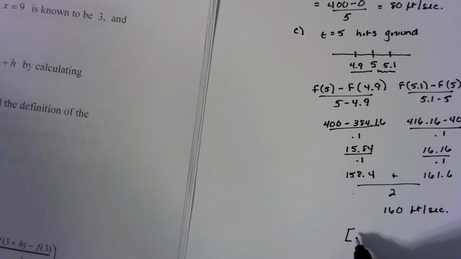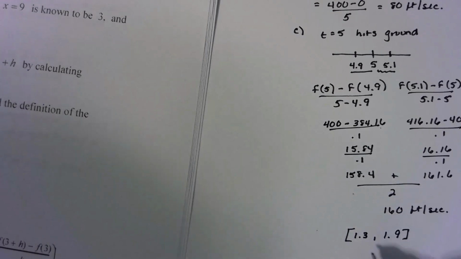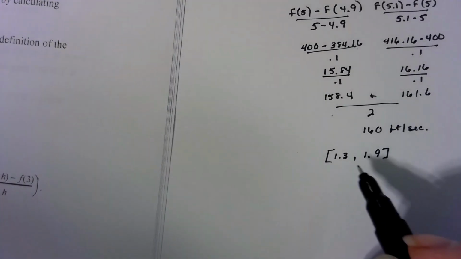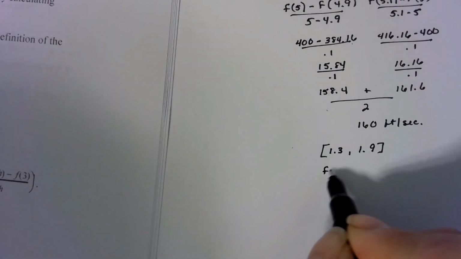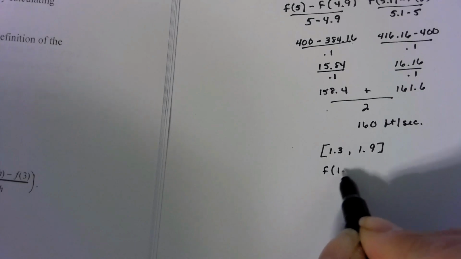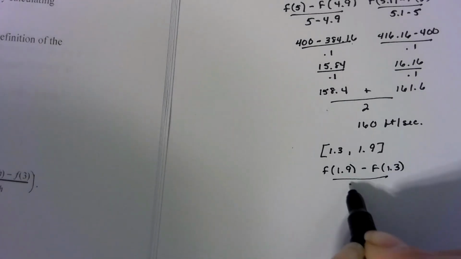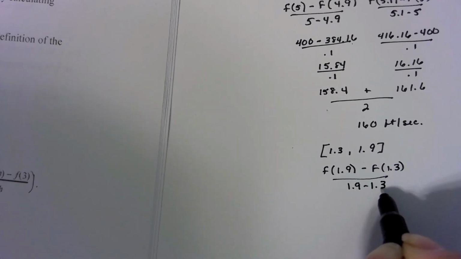The interval in the x values goes from 1.3 to 1.9. So this is A, this is B. So it's f of B minus f of A over B minus A, right? So, again, let me just rewrite this because I need more room anyway. f of 1.9 minus f of 1.3 over 1.9 minus 1.3.